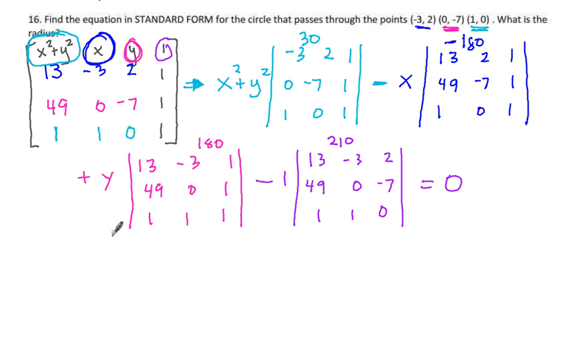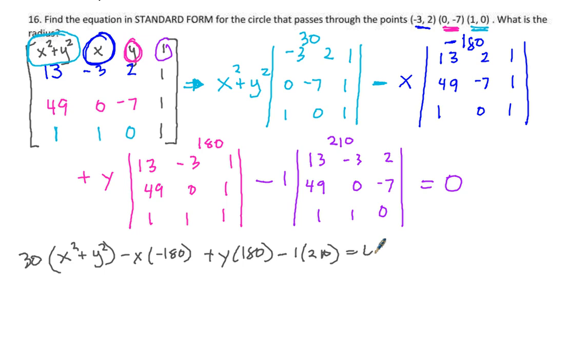So when you put all this into your calculator, we get an x squared plus y squared times 30 in front. And then minus x times -180, so that will be a plus x, plus y times 180, minus 1 times 210. Now, hopefully we're noticing that everybody has a multiplier of 30.